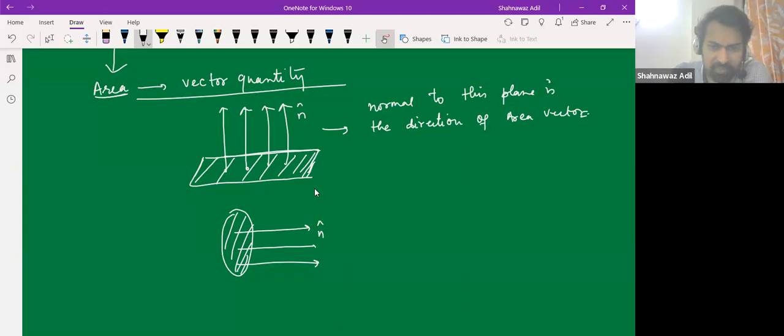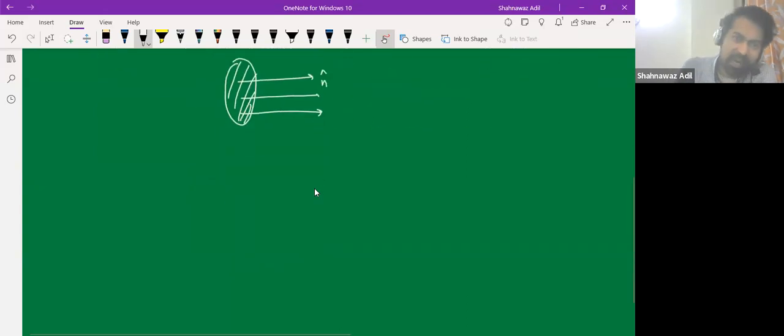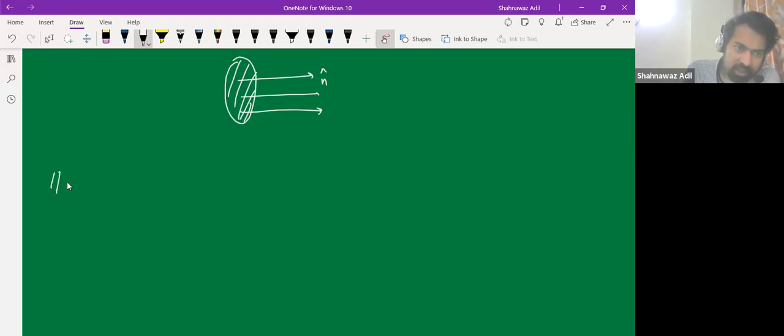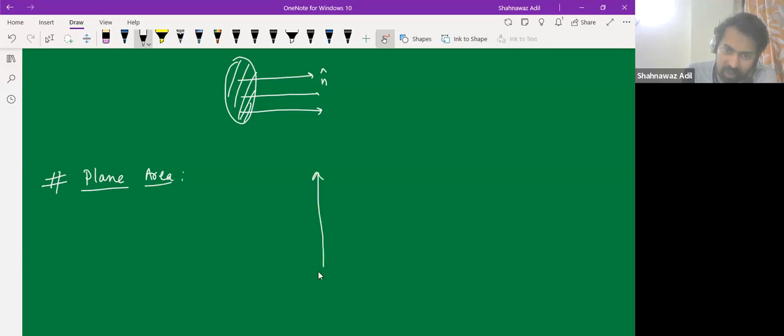So if I say XY plane, let me write plane, area. This is X, Y, and Z. So this is my XY plane, right?